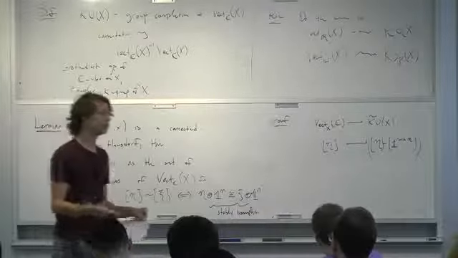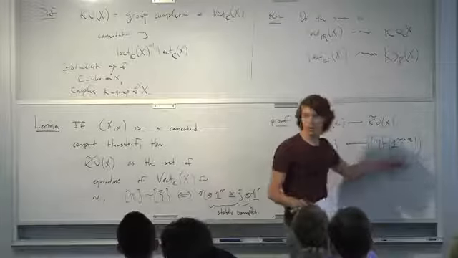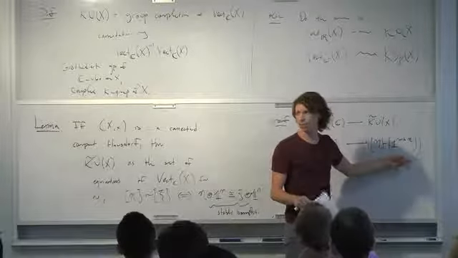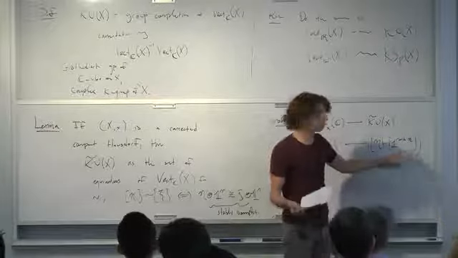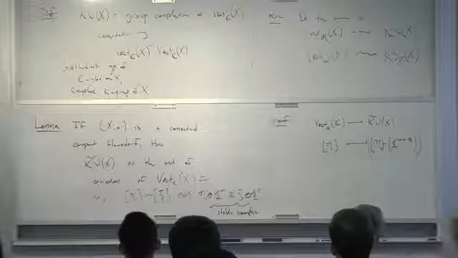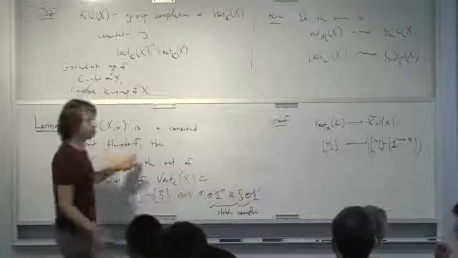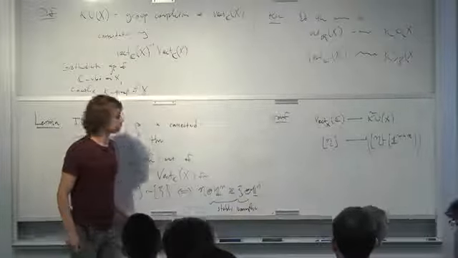It has rank 0. The rank of this is rank eta. The rank of this is also rank eta by choice, exactly. And now I claim that this map factors through this equivalence relation.